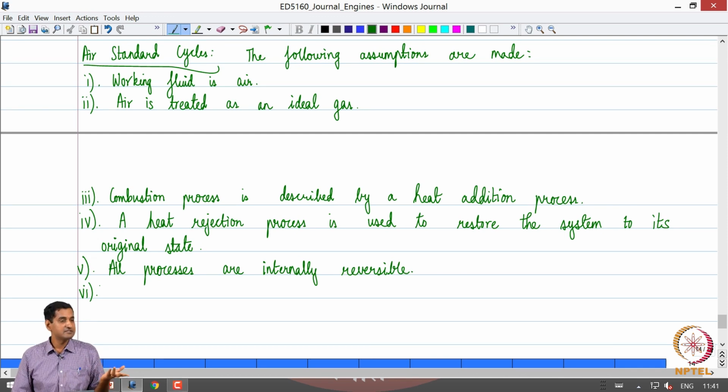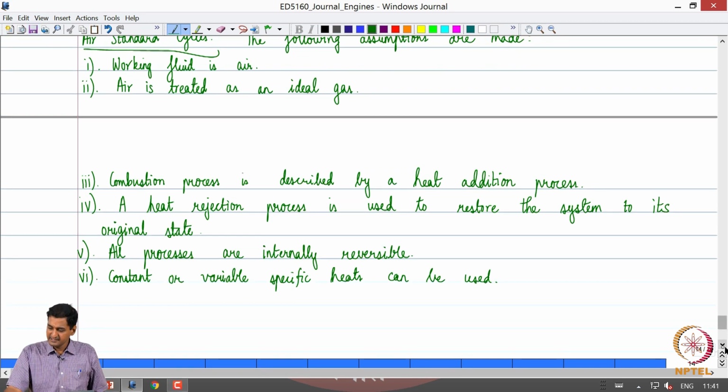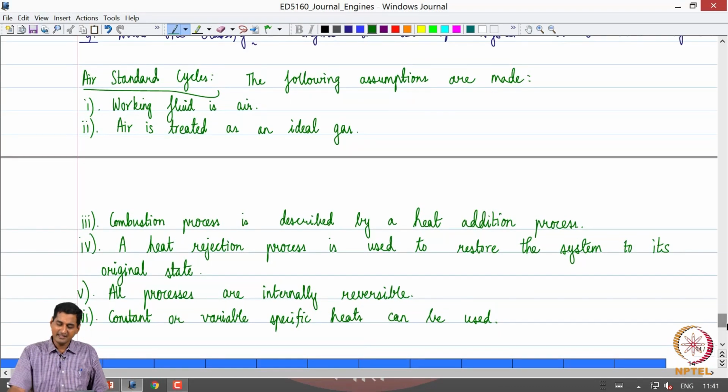And the specific heats themselves can vary with temperature. So, in this analysis we can use either constant or variable specific heats, okay, both can be used in this process.